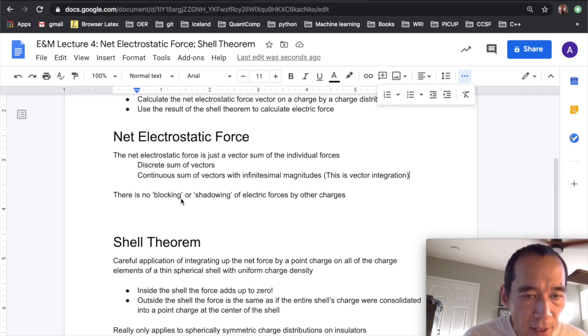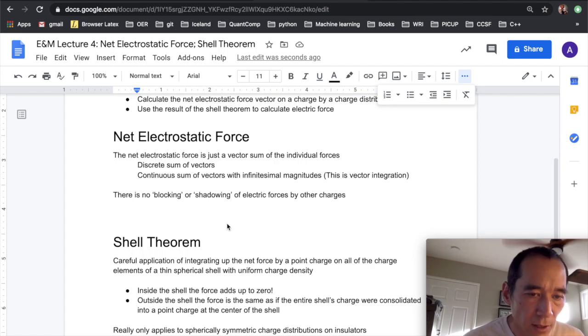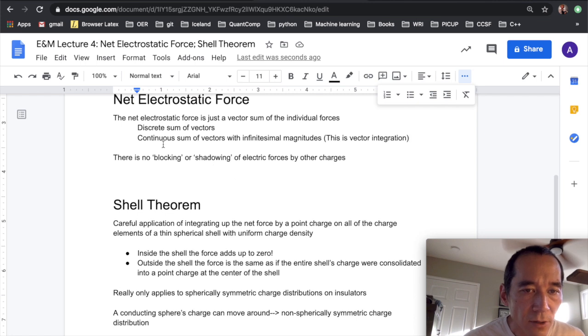I'll make an interesting comment that you may find some hesitancy with, or you might wonder about just in your own natural explorations of the topics. I'm going to talk about whether or not you can block an electric charge's effect with other electric charges, or shadow it in a sense. After this discussion, I'm going to talk about the Shell theorem.